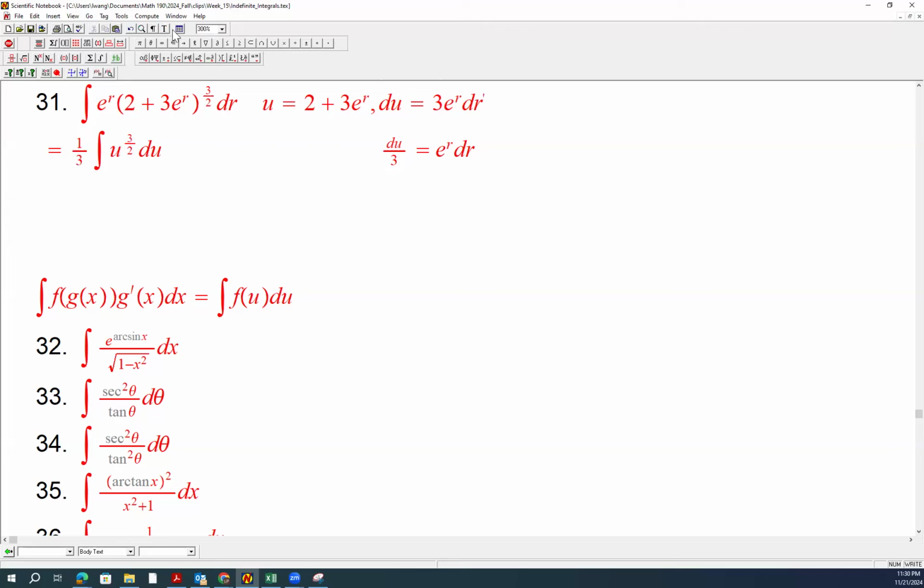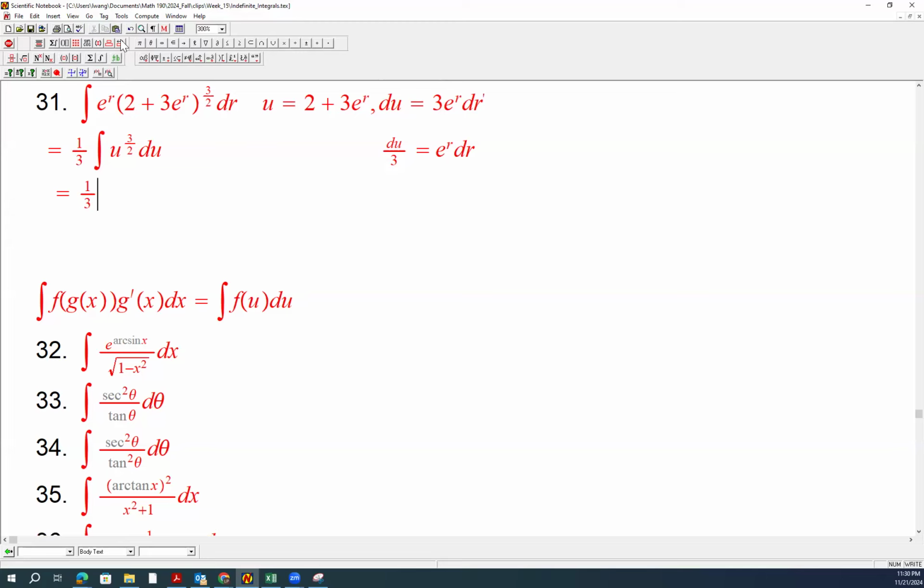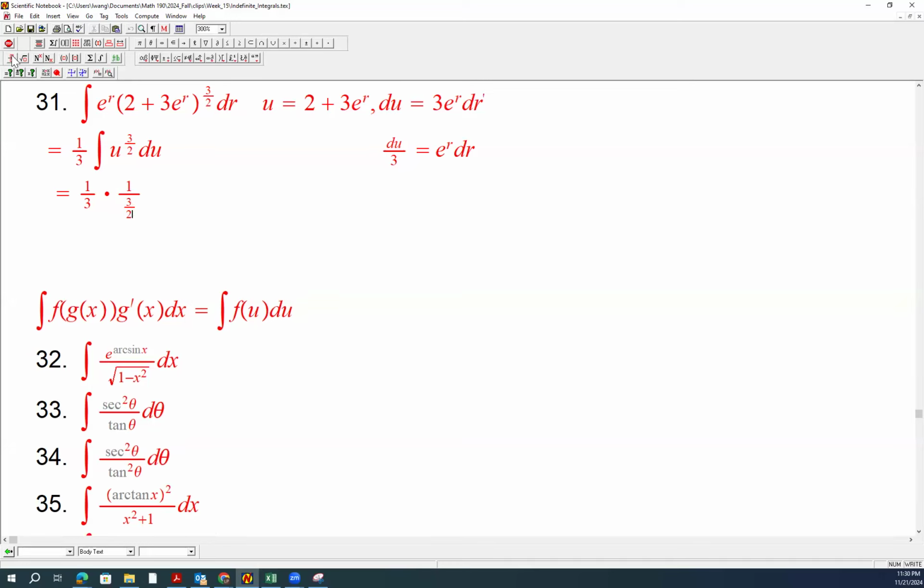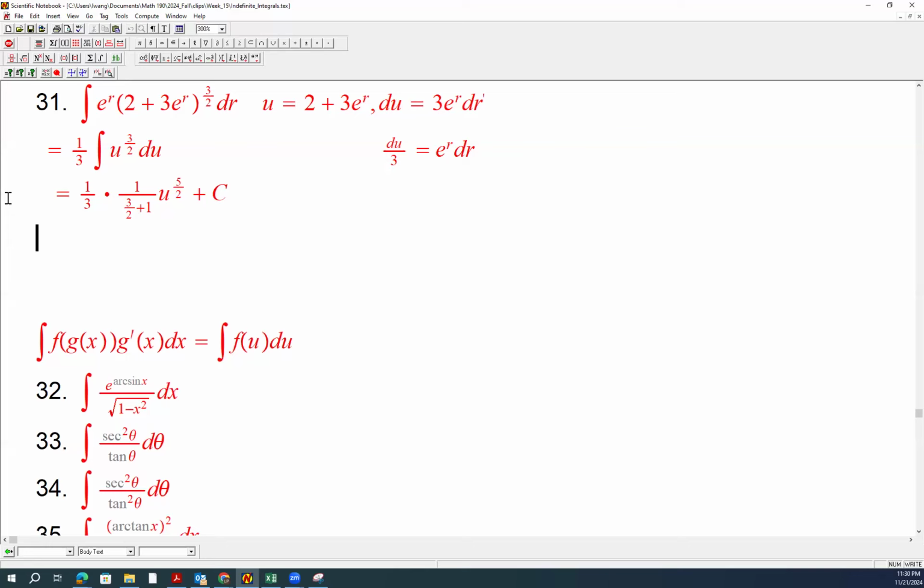By this time, we can find the antiderivative. 1/3, power rule: 1/3 times u raised to the power of 1/2 plus 1, which is 3/2 plus 1, 5/2, plus a constant. Excuse me, simplify.